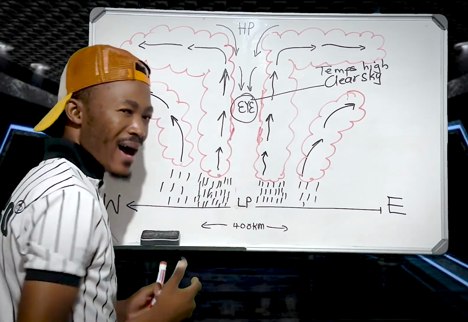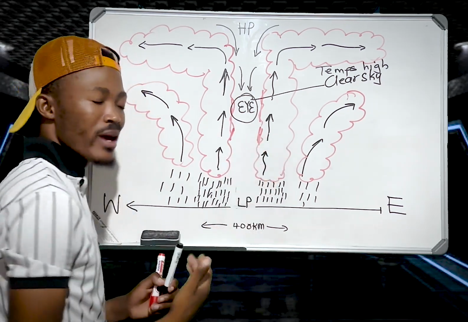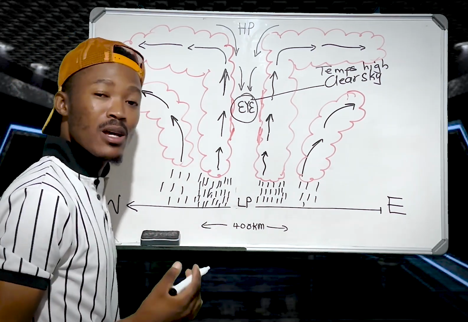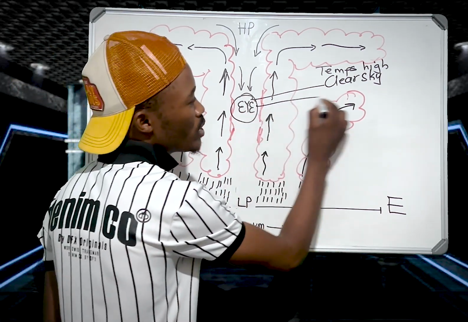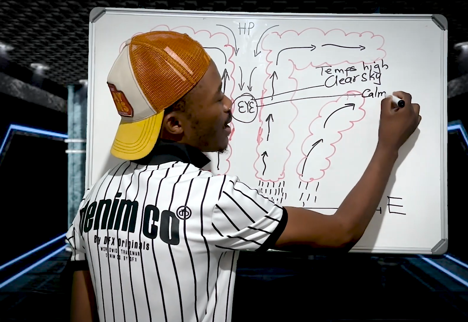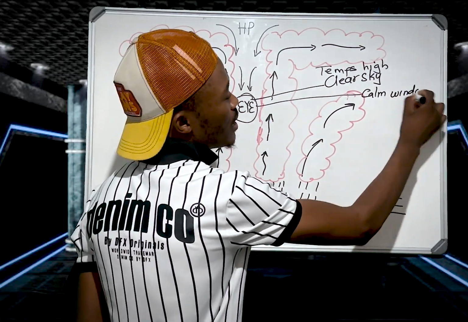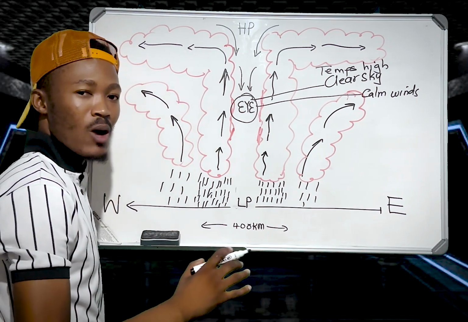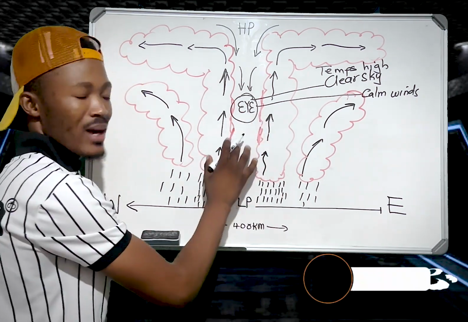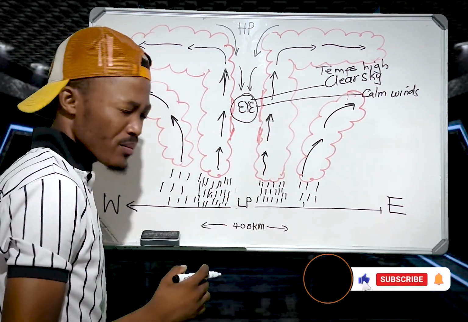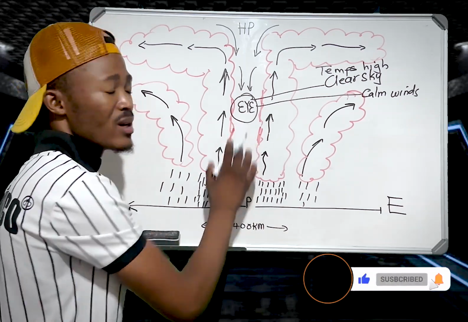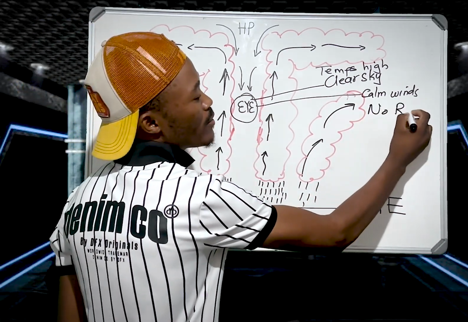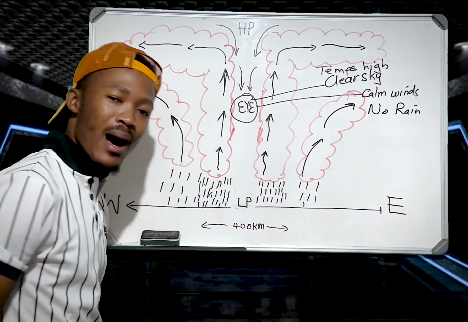And since at the eye wall we have recorded strong winds, at the eye we do not experience strong winds, but rather we experience calm winds. At the eye, we experience calm winds. And since there are no clouds or there are scattered clouds around the eye, the rate of precipitation occurring here will be very low. Hence, we are experiencing no rainfall at the eye.